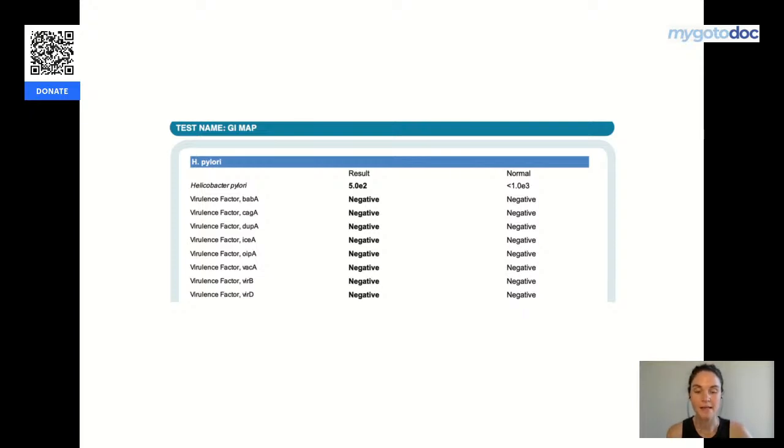And again, H. pylori can be passed on with fecal contamination, but also oral to oral contamination. It's possible to pass it around in a family if you're, for example, sharing water glasses and things like that. And it can cause things like stomach ulcers also, as well as common symptoms like burping and stomach discomfort in general.